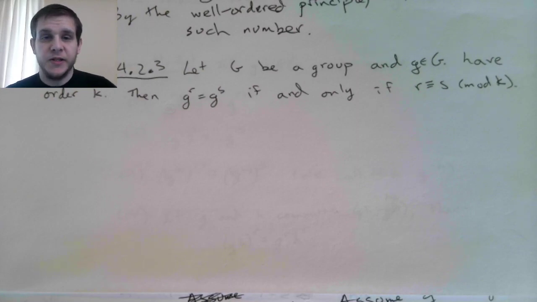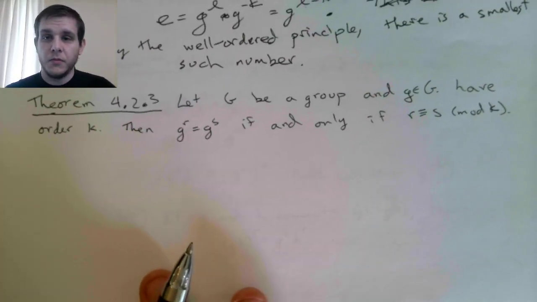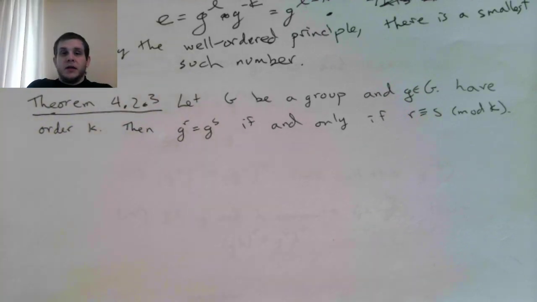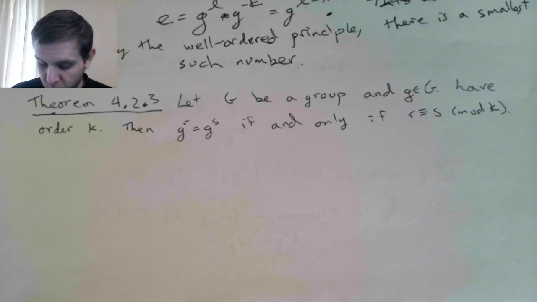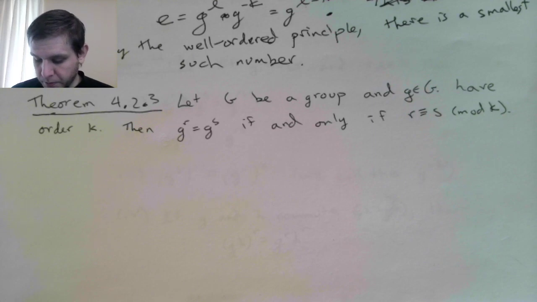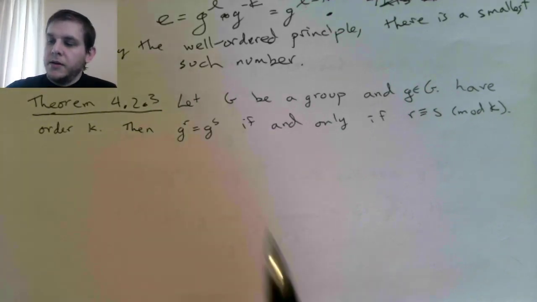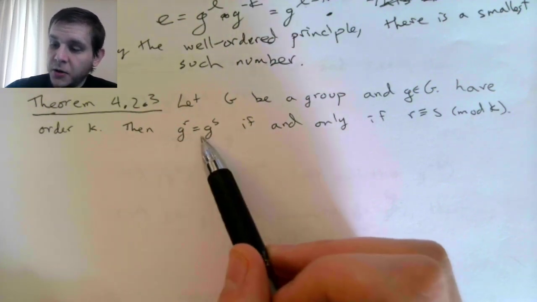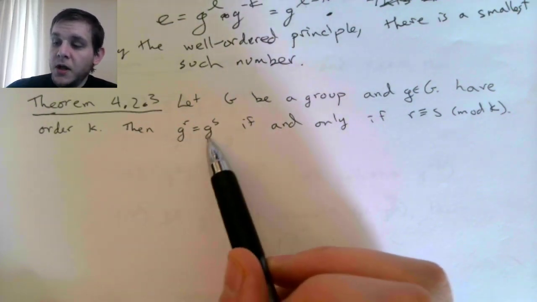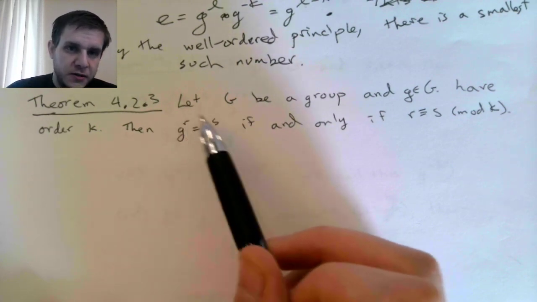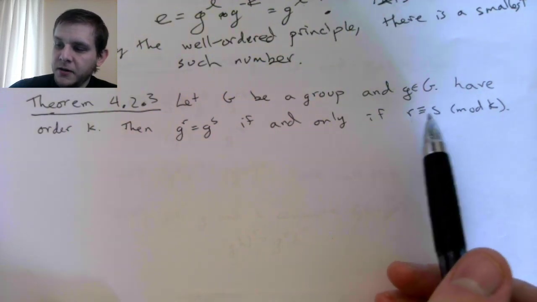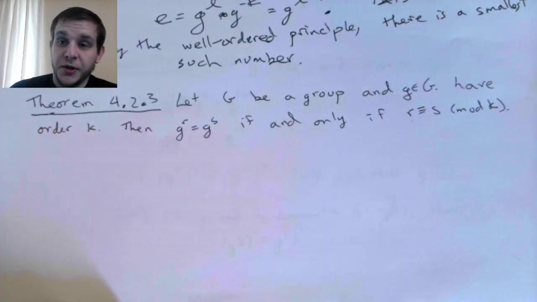Okay. Let's move on to this theorem. This is something we also proved for the congruence classes that are coprime with n. So this theorem says two powers of a group element are equal, in our case before we said they were congruent modulo n, if and only if they have the same congruence class modulo the order of the element.